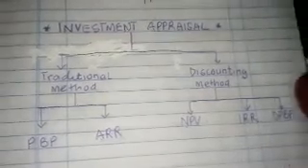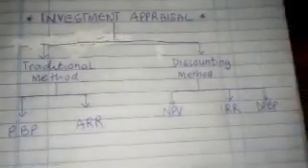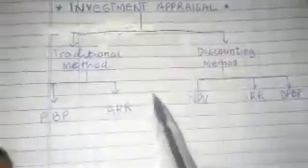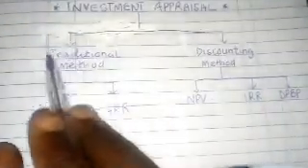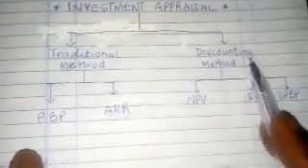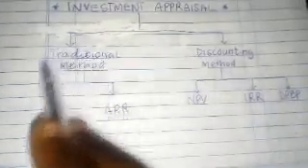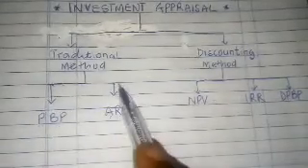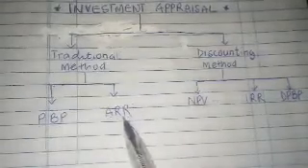These are the methods or approaches we are going to consider. So don't forget the investment appraisal approaches: we have the traditional methods and the discounting approach. The traditional methods are the payback period or the accounting rate of return.